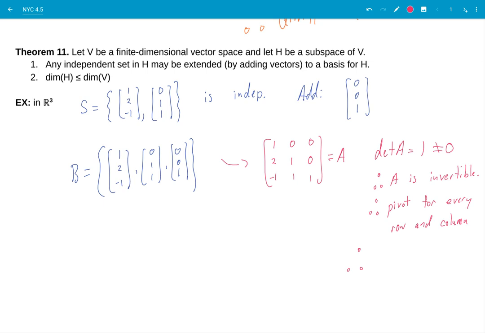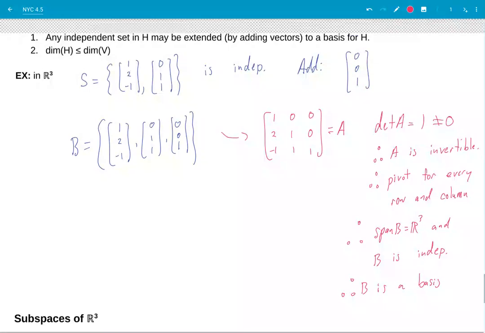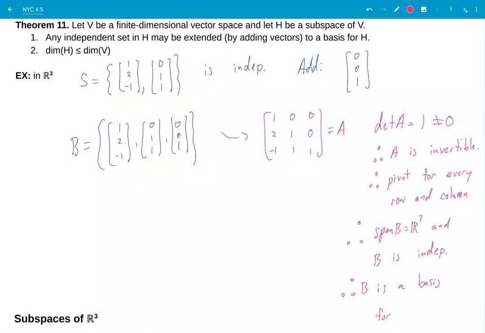Now, because there's a pivot for every row, span B is R3. And because there is a pivot for every column, B is independent. Therefore, B is a basis for R3.